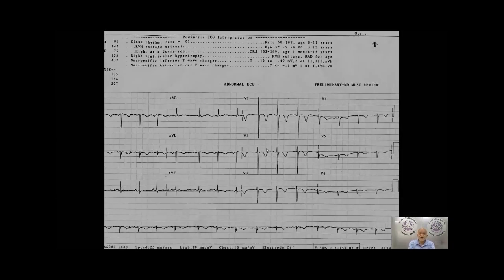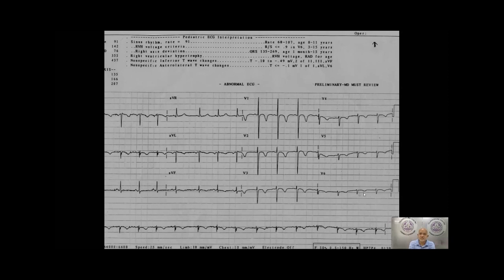So can I make a diagnosis of situs inversus from the X-ray? Yes. Look at these patients. Normally, in the precordial complexes in ECG, we see good complexes in V1. As you go from V1, V2, V3, V4, V6, the R wave progressively increases. But you can see here very clearly that the voltage is maximum in V1 and least in V6.